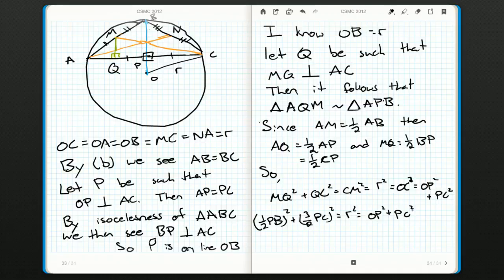So we'll have 3 cases. So this is 1/4 PB squared, wherever P lies relative to O and B. We have plus 9/4 PC squared is equal to OP squared plus PC squared. I still don't have a use for that, so all we can really do is simplify this PC thing.